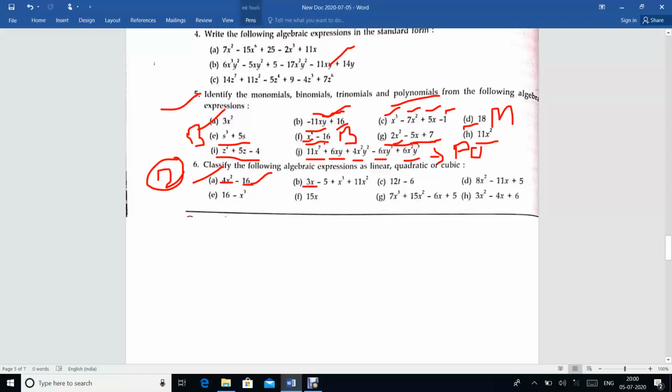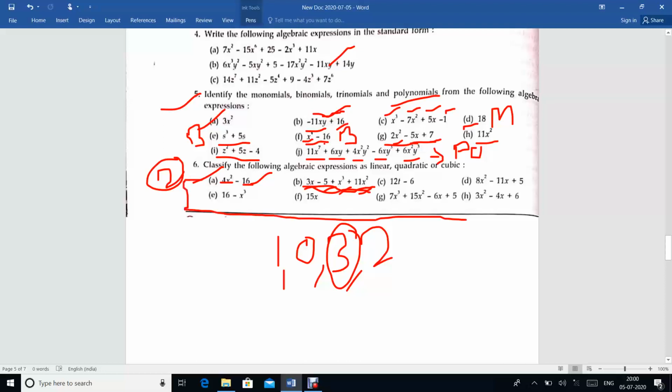In the part B, first term contains 1 degree, second term contains 0 degree, third term contains 3 degree and fourth term contains 2 degree. 3 is the highest power, so it is a cubic expression. Similarly, you can find out all degrees in all the questions, and you can classify the algebraic expressions as linear, quadratic or cubic.